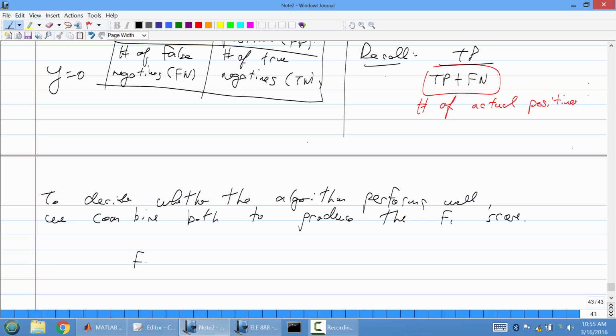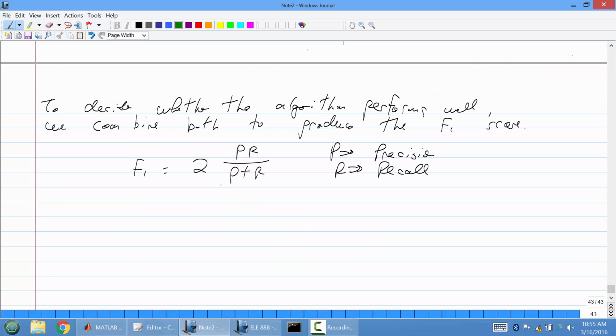Okay, so the F1 score is defined as twice times the precision times the recall, divided by the precision plus the recall, where P stands for the precision and R stands for the recall. So this also varies between 0 and 1. Okay, so this means that this is a bad system, and this means that it's a good system.